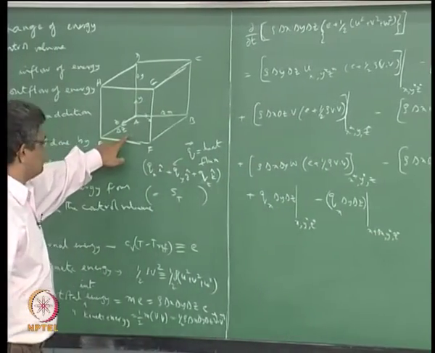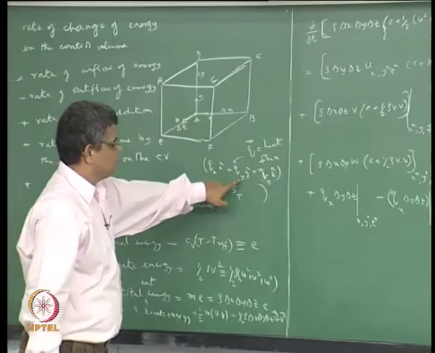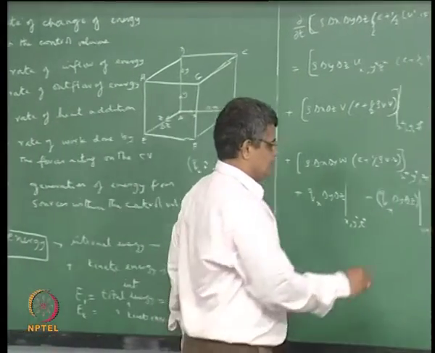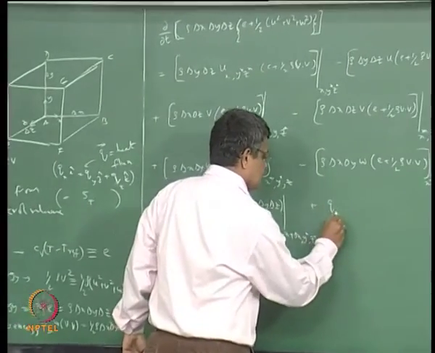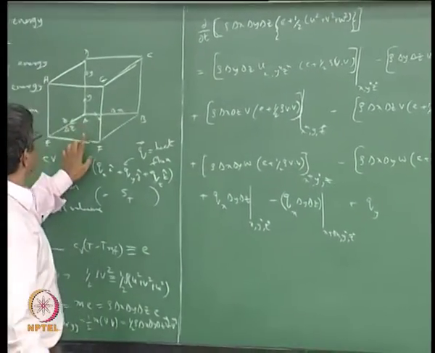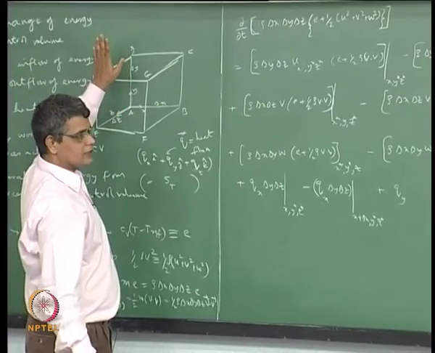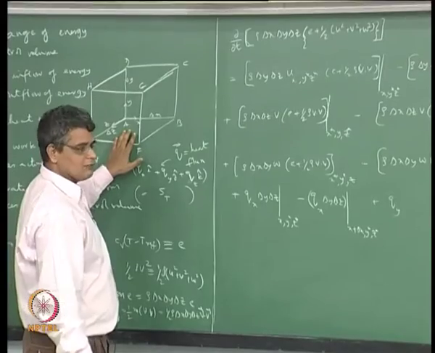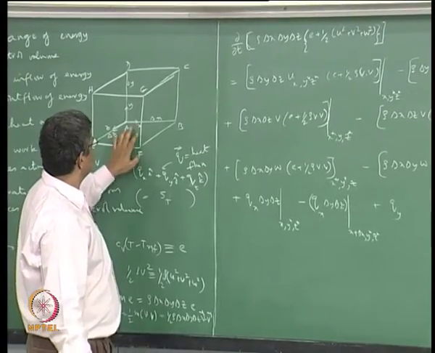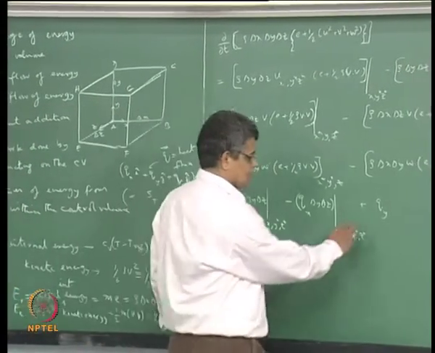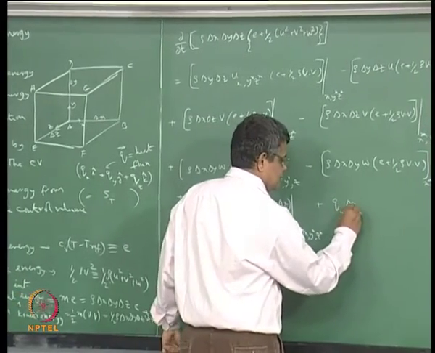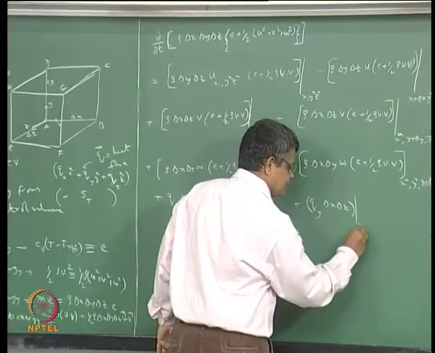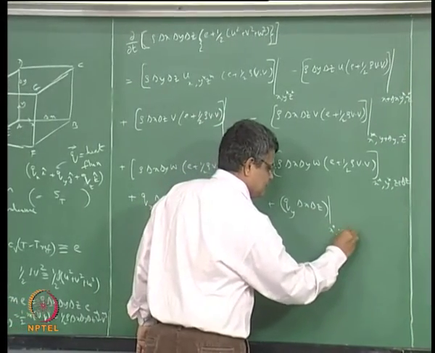Similarly, when we consider the bottom face, it is a Qy component that has to be multiplied by the cross sectional area, and Qy at the bottom face is in the vertically upward direction. Therefore, whatever heat flux that is there, positive value of Qy at the bottom face will be coming into the control volume. So it is added, cross sectional area is delta x delta z, evaluated at x star, y, z star.